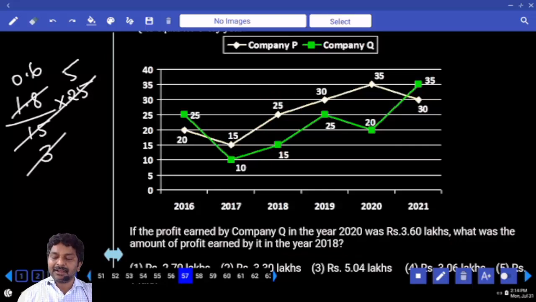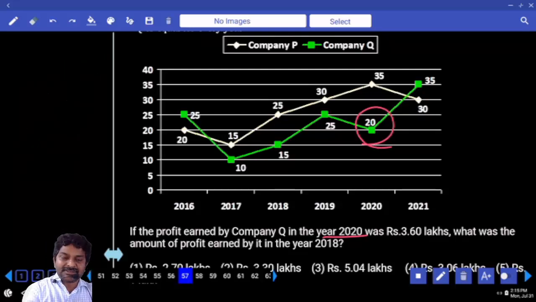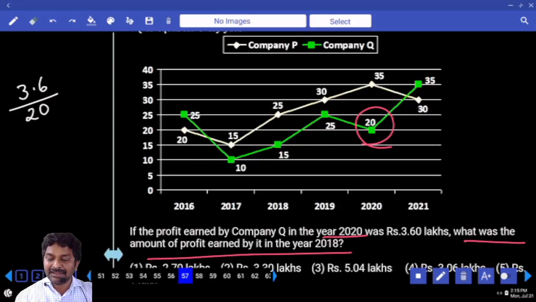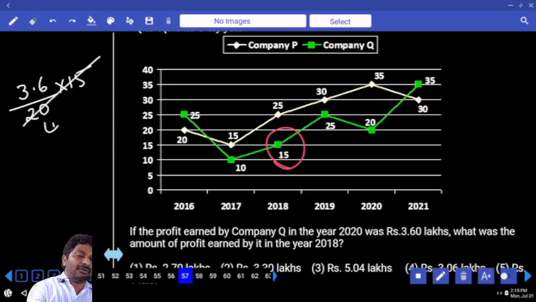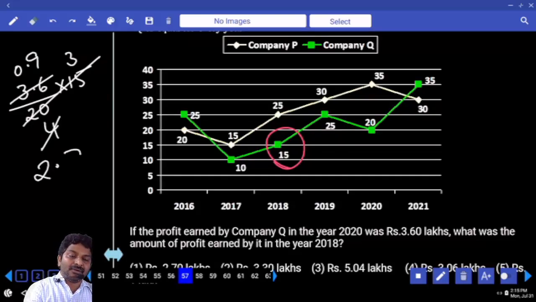If the profit earned by company Q, Q is green color, in the year 2020, green color, 20%, that means 3.6 lakh is the profit earned, which is 20%. Followed? What was the amount of profit earned by it in the year 2018? 2018, 15, 5, 4 times, 3 times, 4, 0.9 into 3, 2.7 lakhs.